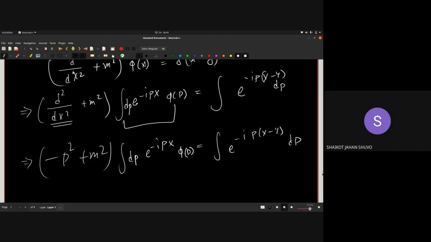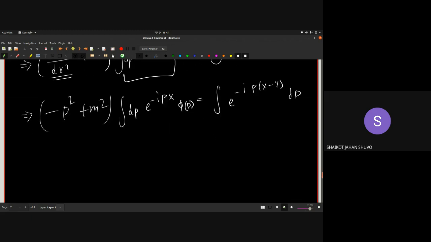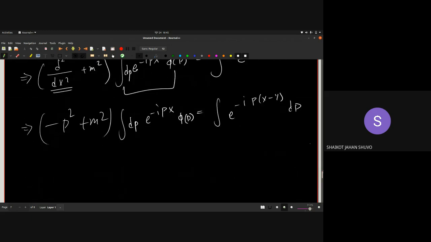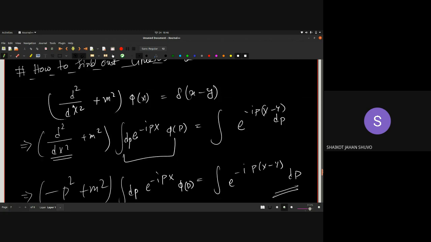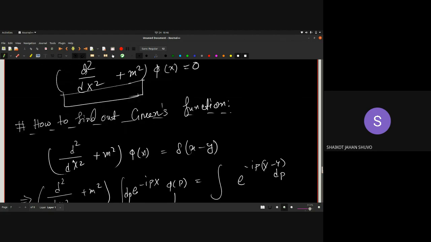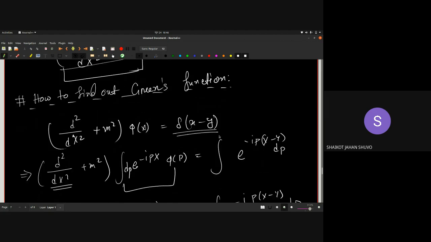Okay, this is stuck again. So from this part, can you see how we can get the propagator? Can you see? No, because you cannot. I mean, just give me one good reason why I should write a delta over here. Nobody saw that. That's why I was trying to mislead you guys as well.